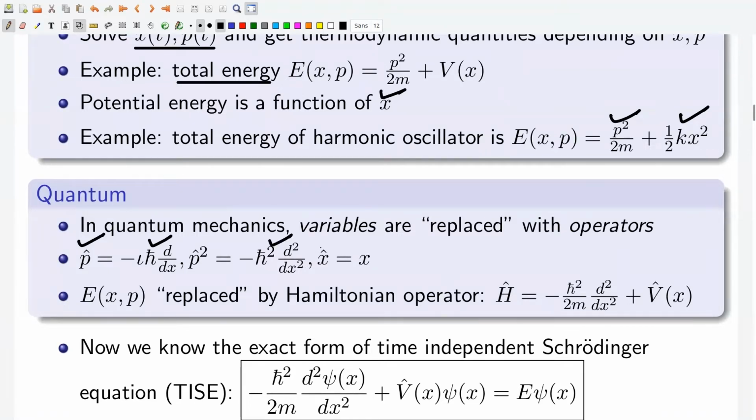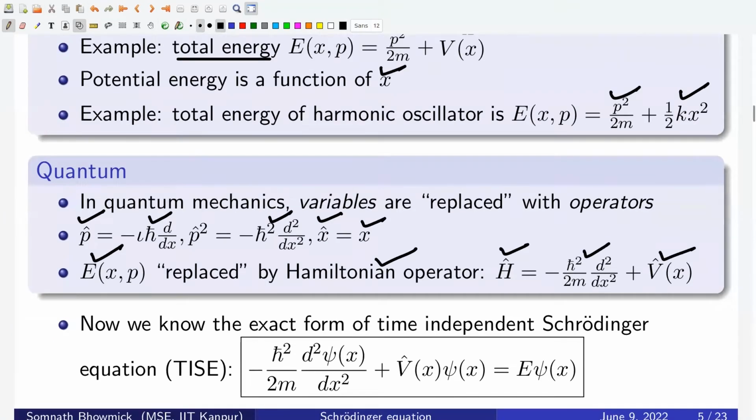Similarly, you can define the position operator, which is just the function x. You can define an operator for energy, right? And that operator is known as the Hamiltonian operator, which is H, and this is the kinetic energy operator, minus h-cross squared by 2m d²/dx². This is a differential operator, and this is the potential energy operator.